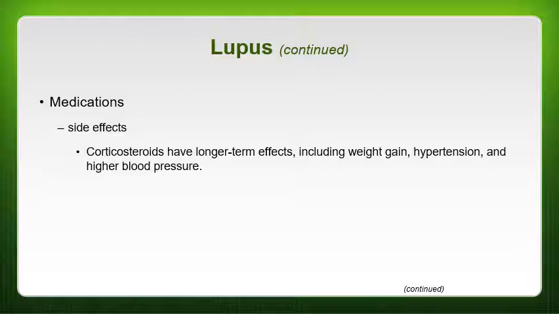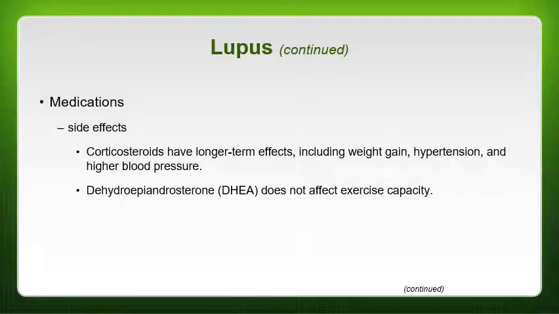There are other types of medications and supplements used for lupus. Dehydroepiandrosterone, or DHEA, is a supplement. It's an unapproved medication that gets used for lupus, and it can be used to enhance muscle mass and strength. However, it has many side effects, possibly acne, facial hair growth, excessive sweating, lowered HDL, and increased estrogen levels in postmenopausal women.